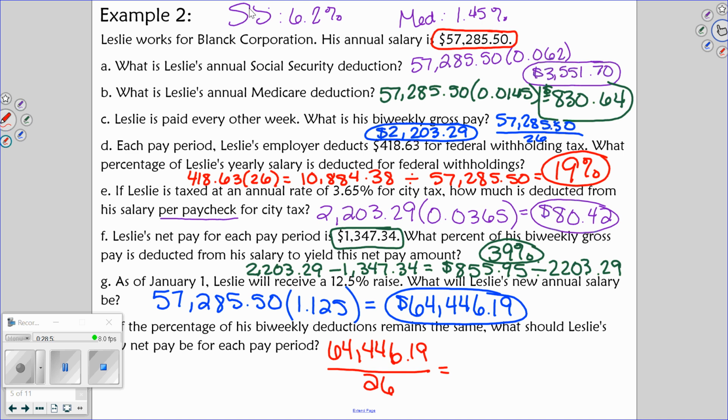I did it differently on my paper, sorry, so I have to do it this way. 2,478.70. That's going to be the pay each pay period now. The question wants to know, what would the new net pay be if my deductions stayed the same? Well, we found the deductions earlier was 39%. So you multiply this by the 39%.